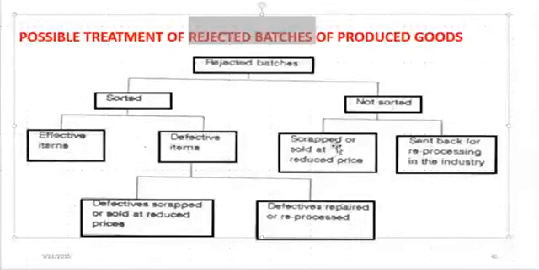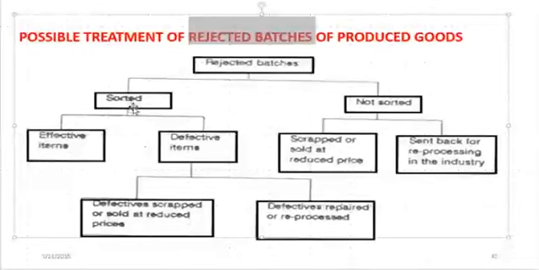The ones that are dumped unsorted, they have two possibilities that will happen to them. One of them is you can make them scrap, that is, they are no longer useful, you put them as rubbish or sell them to other people at low prices, or you can send them back to the company so that we can process them again to make them qualitative.